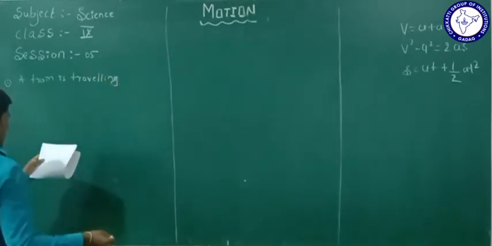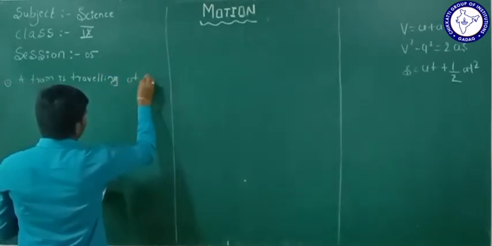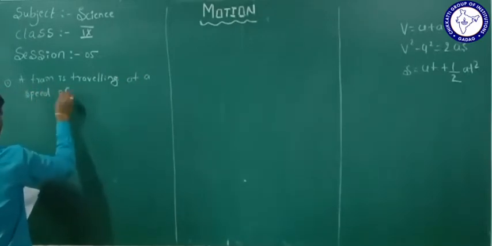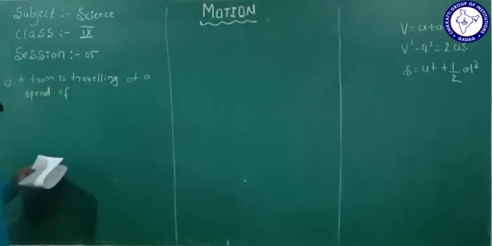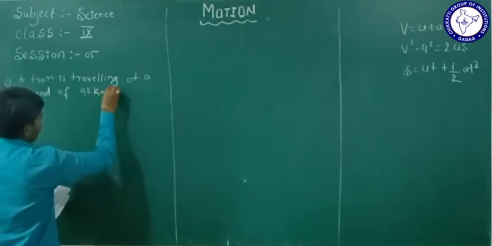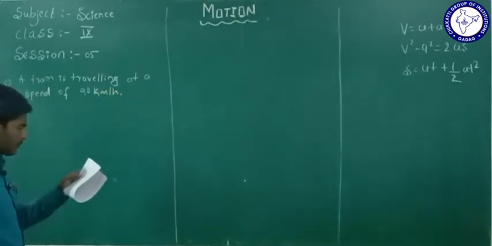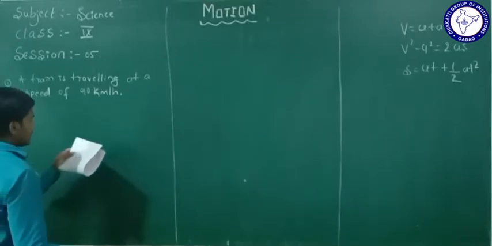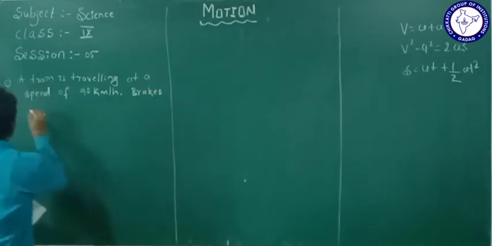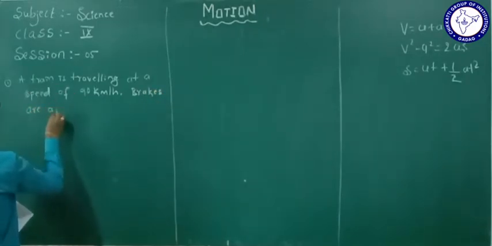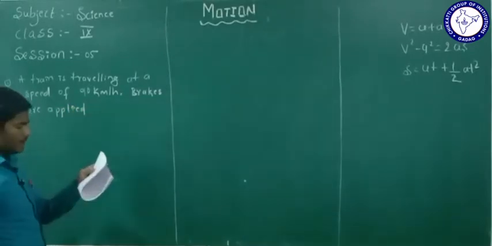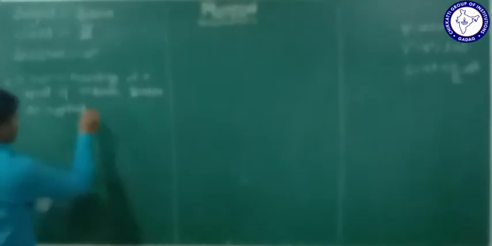A train is traveling at a speed of 90 km per hour.